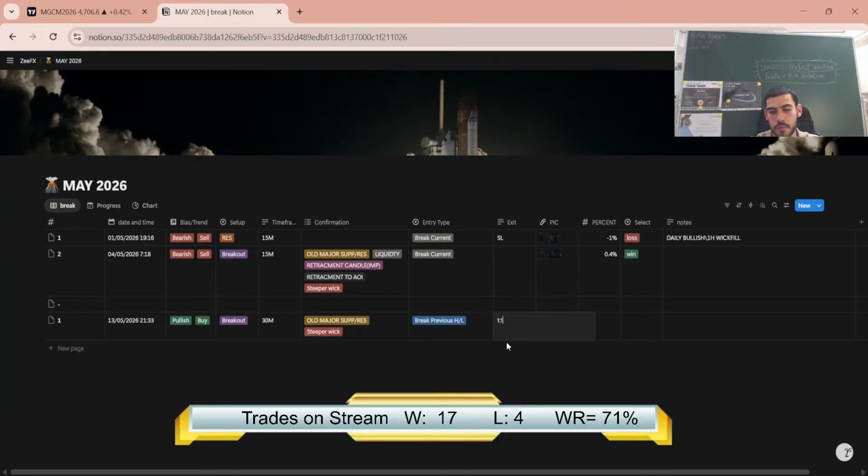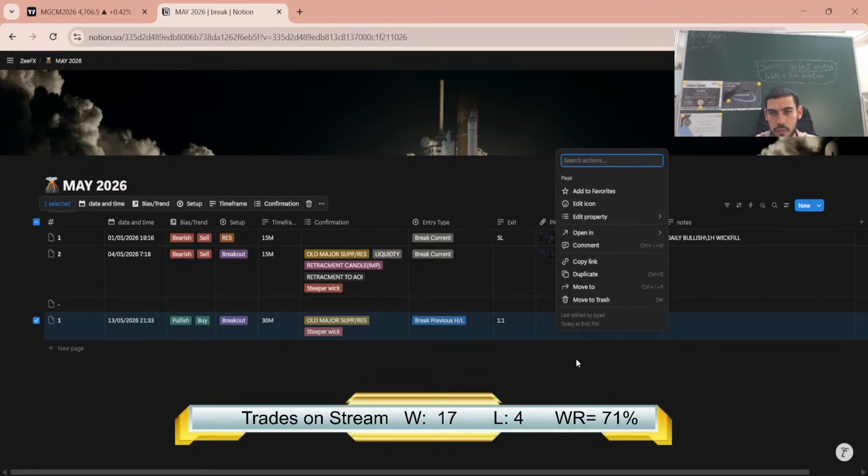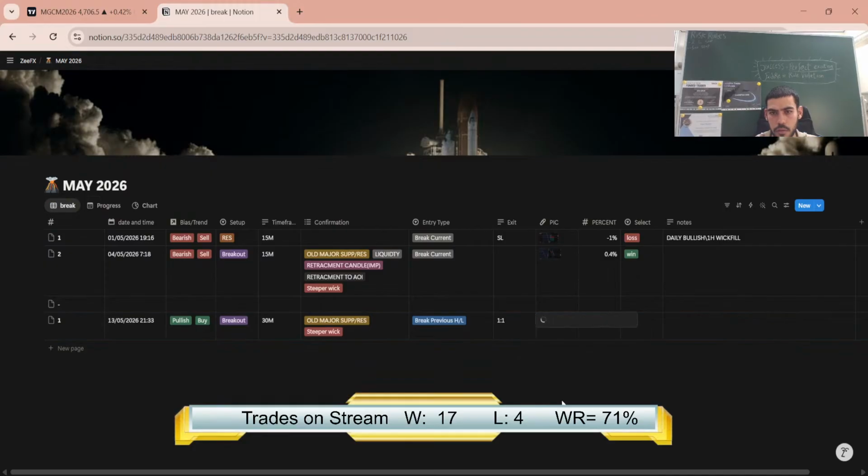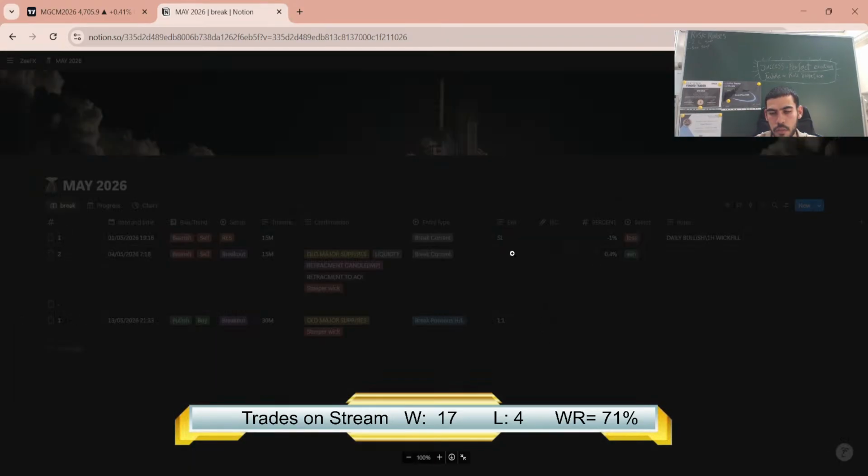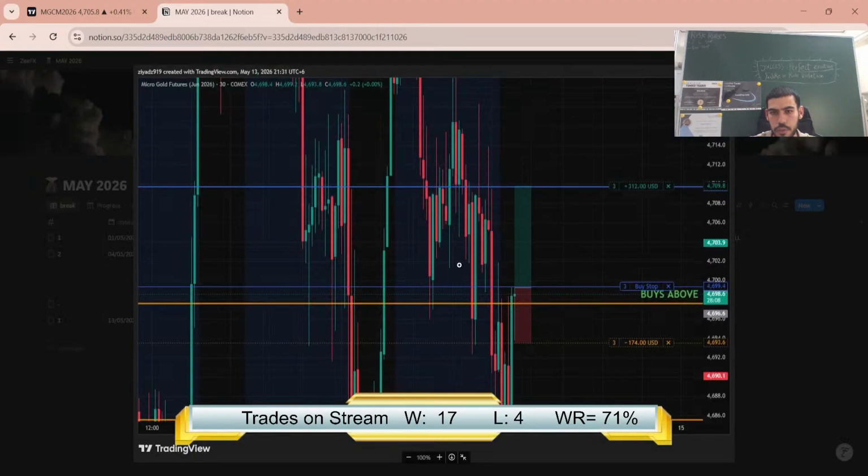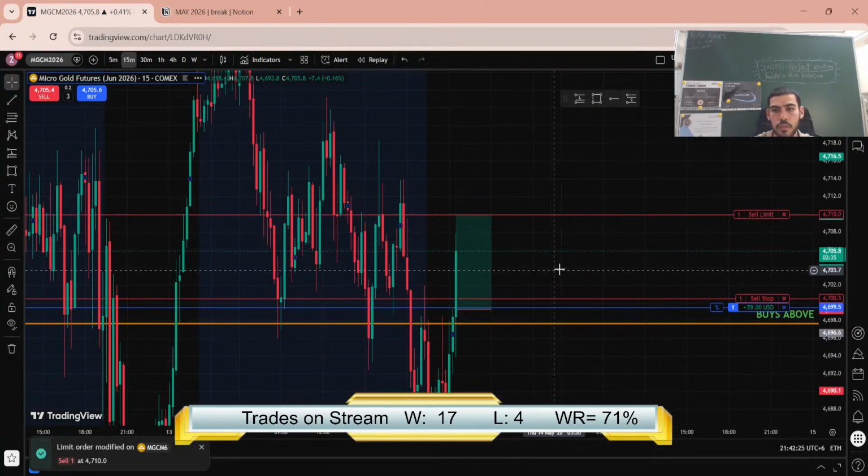1 to 1 picture. Picture is right there. Percentage. Yeah, good trade, amazing trade.